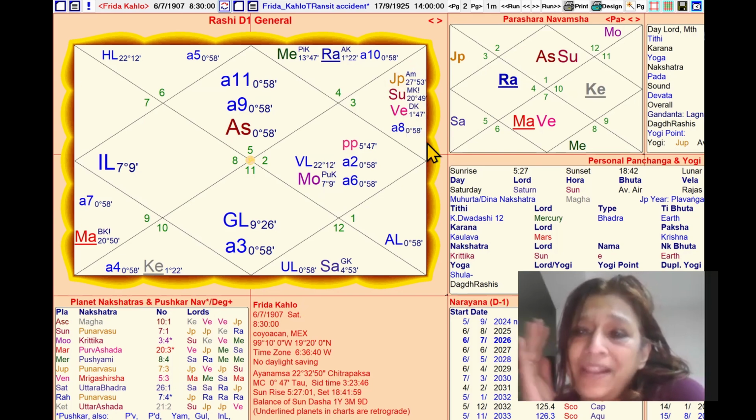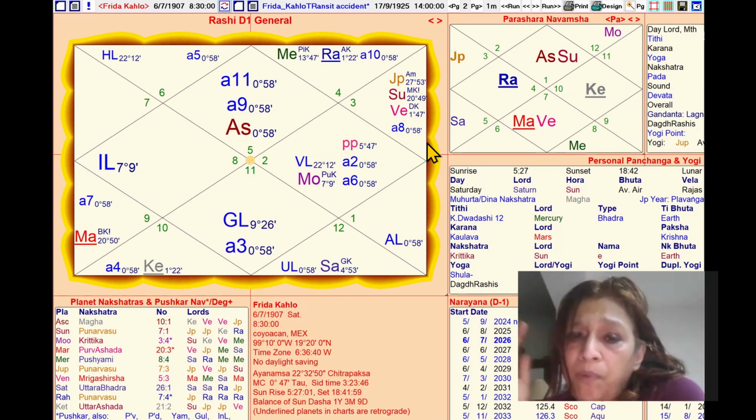So her whole intelligence, her whole body, everything is going towards that, craving that, because we have to consider both lords of the 10th house, that was her calling, her profession. So that shows a very remarkable ability for being an artist.